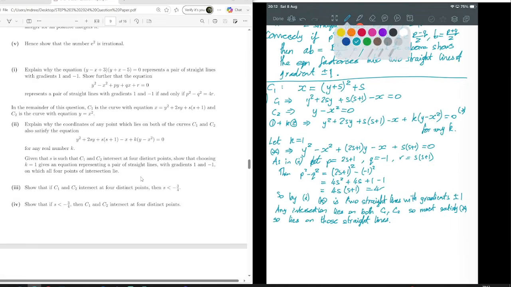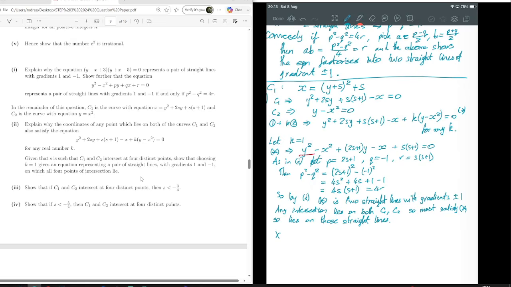Certainly I can try and find the 2 straight lines that this factorizes into. We've seen that we can factorize, and actually up here we gave the exact way to break those down. So I might do that actually.